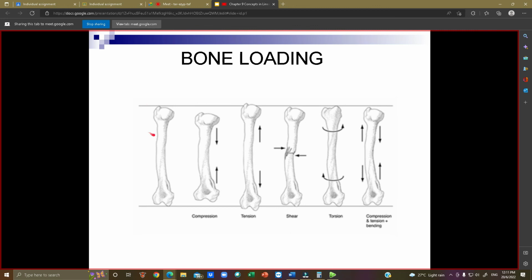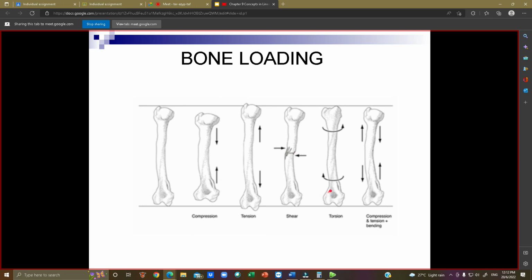Okay, contoh macam ni, kita ada tulang, ni human bone. So this one is compression. Our bone is very good in order to dissipate compression. This one is tension. When we pull the bone, this one is shear. Okay, this one is shear. You are going to get quite a distinct fracture.